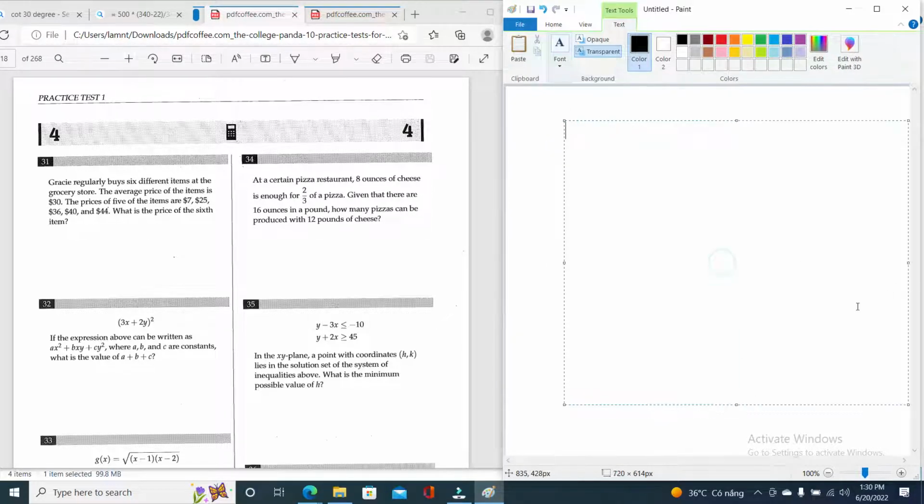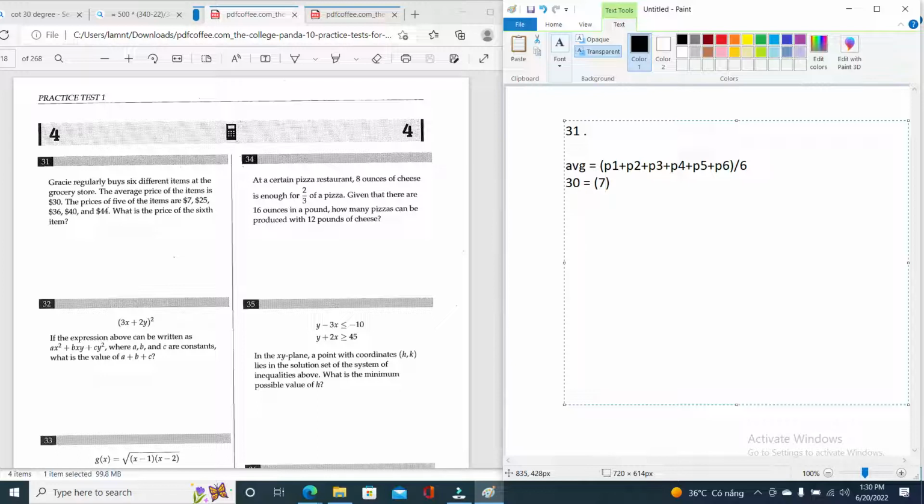So the number 31, the average is going to be price 1 plus price 2 plus price 3 plus price 4 plus price 5 plus price 6, all divided by 6. Okay, so the average is 30. And we put in the price numbers.